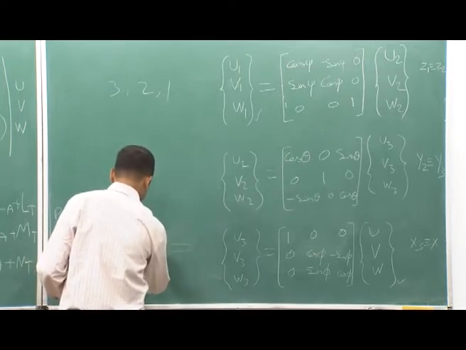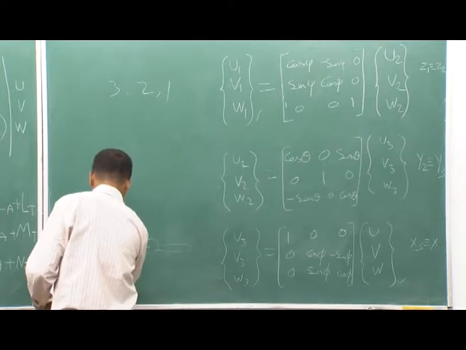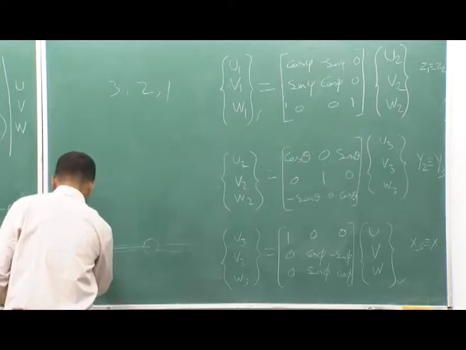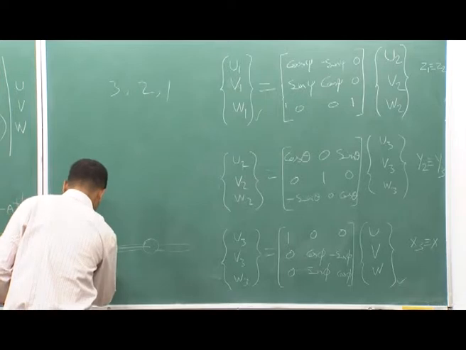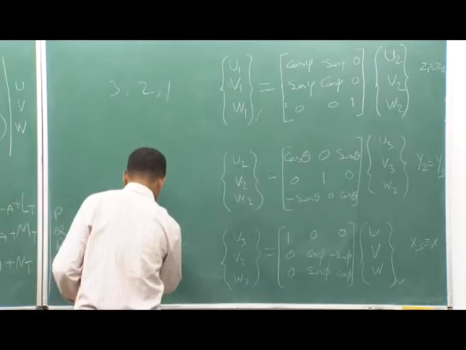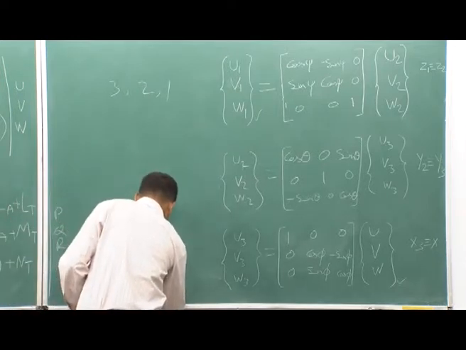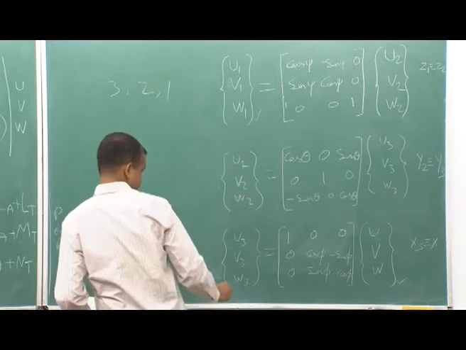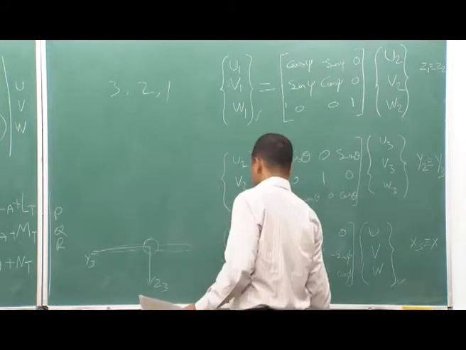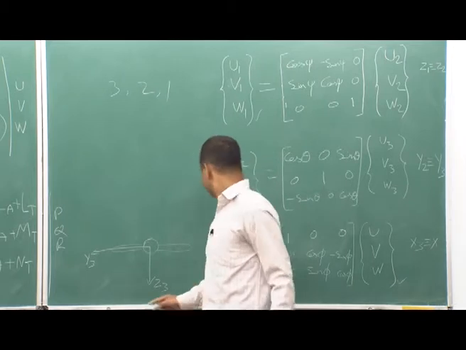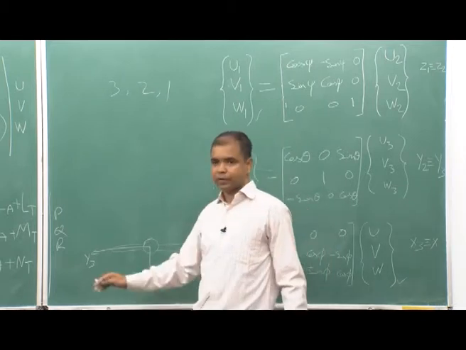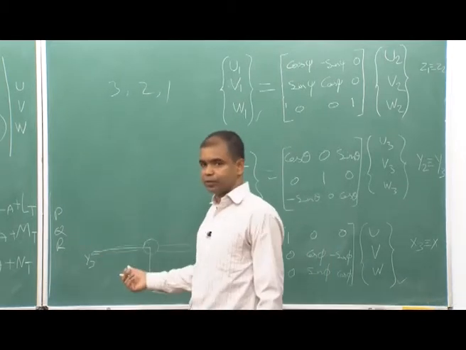If this is my front view, then suppose this is our y3 and this is z3. For this rotation, for the positive phi, the right wing down is the positive phi.